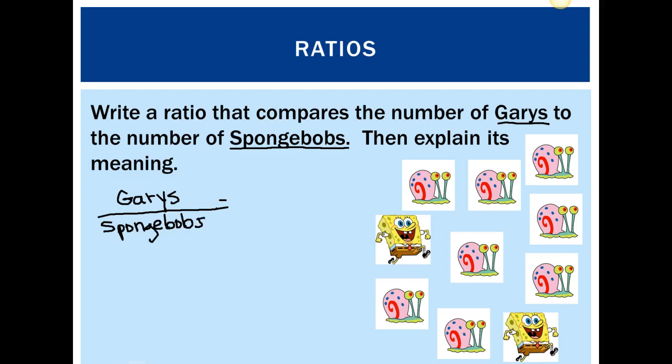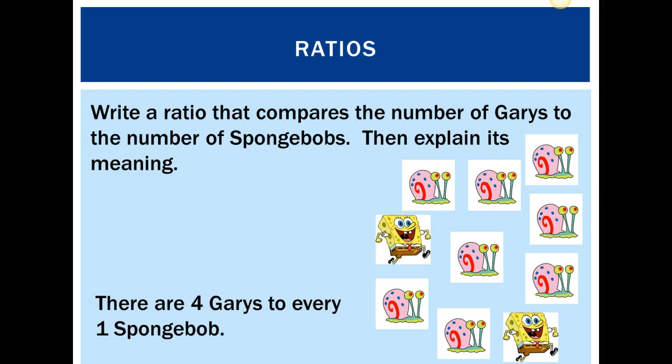So the number of Garys to Spongebobs is 8 to 2. However, this fraction can be simplified. Both the numerator and the denominator can be divided by 2, and that will give us a simplified fraction of 4 to 1. The meaning of our ratio is there are 4 Garys to every 1 Spongebob.